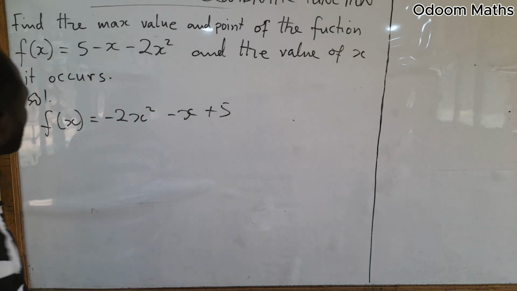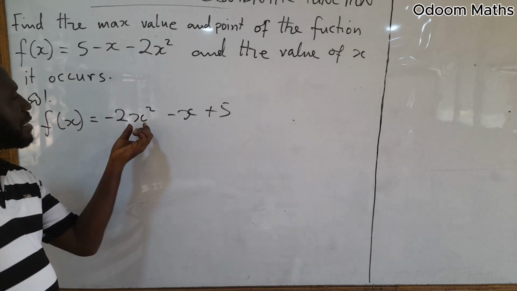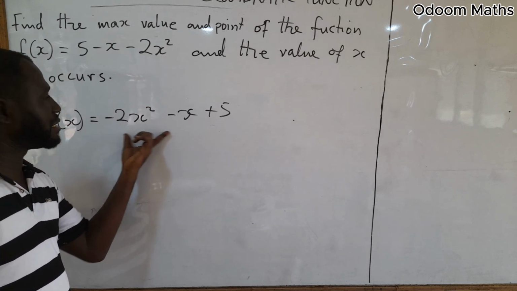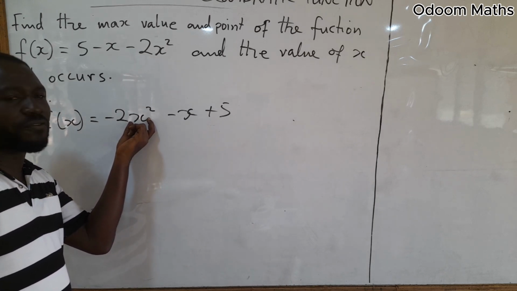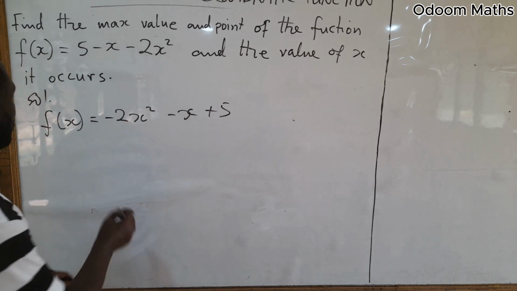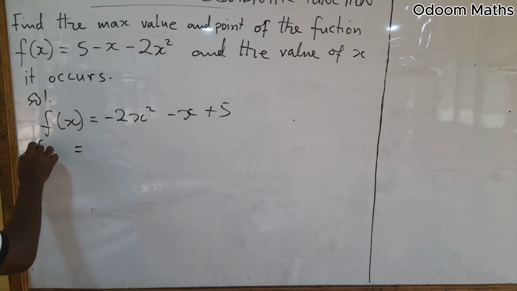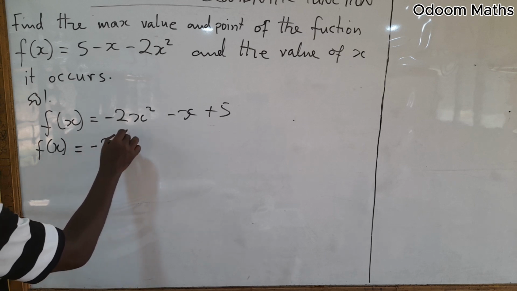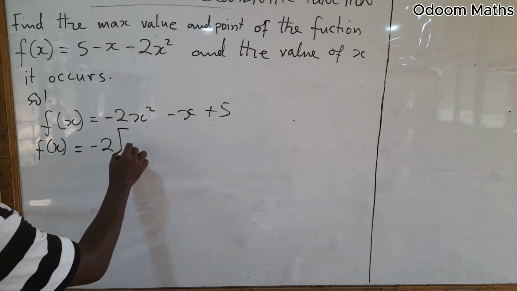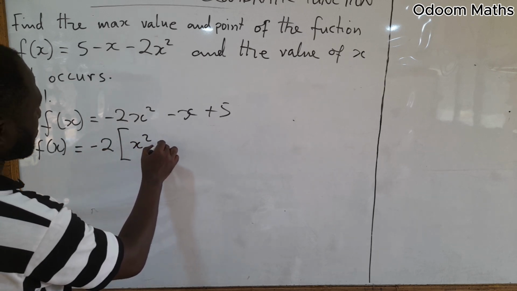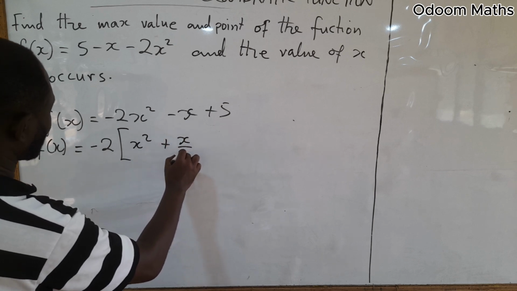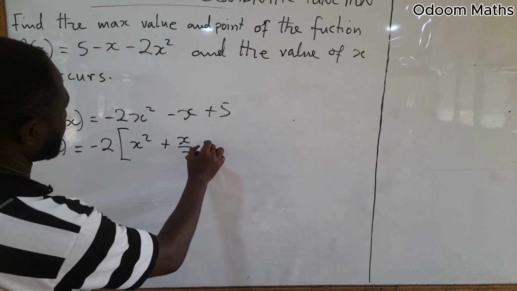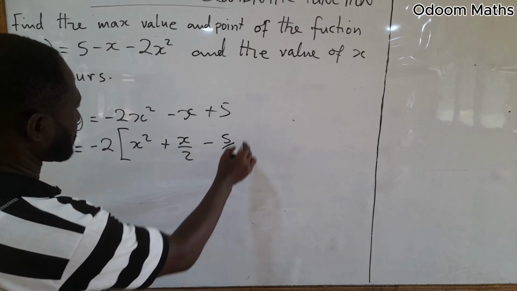Now we are to factorize the expression to get the coefficient of x squared to be 1. So this gives me f of x equals negative 2 in brackets x squared plus x over 2 minus 5 over 2.